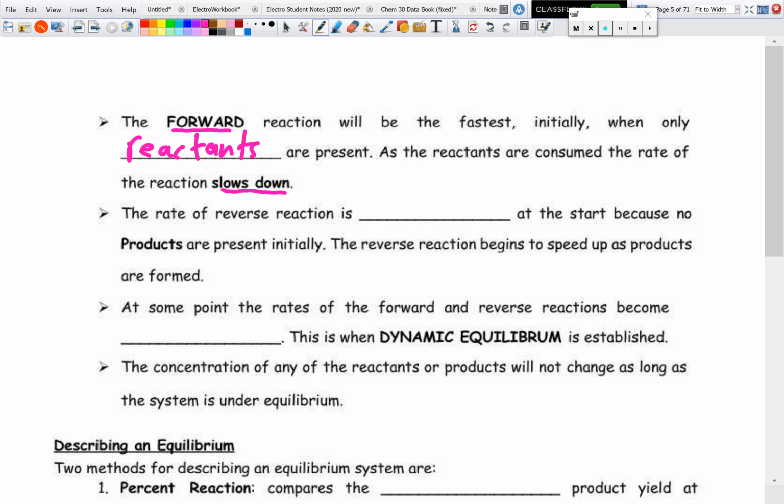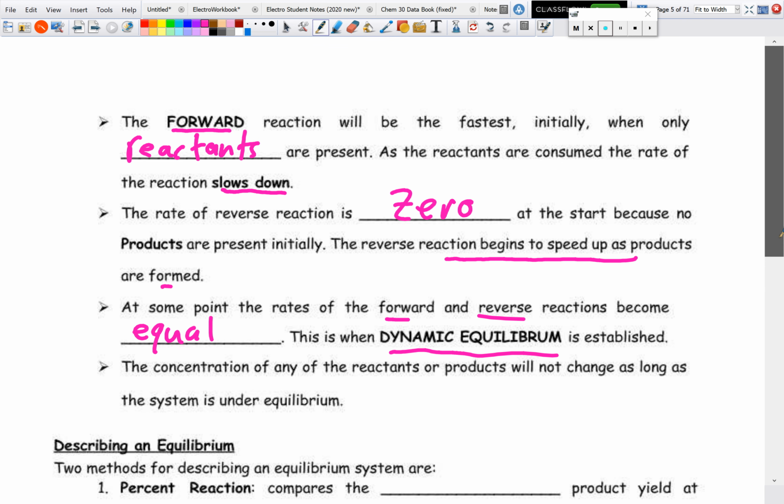Same thing as well, the rate of the reverse reaction is 0 starting off because there are no products being formed, but then it speeds up as products are formed, and at some point the forward and reverse reactions become equal, and this is when dynamic equilibrium is established. So that's theoretically what is happening with equilibrium. Of course, we will look at ways to describe equilibrium and actually put some numbers in there as well.